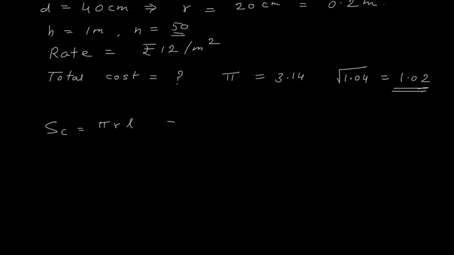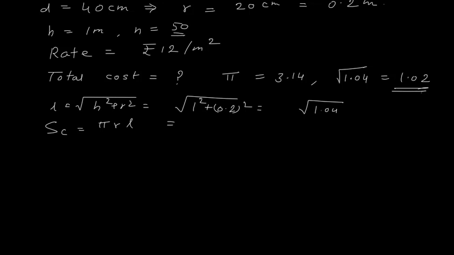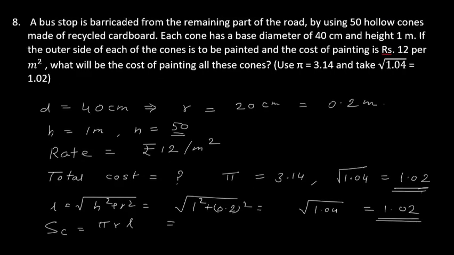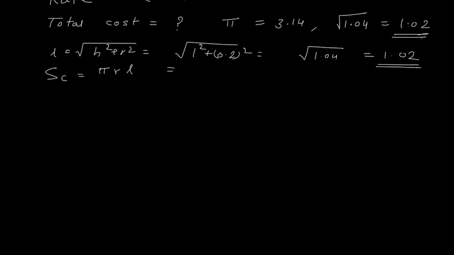So the curved surface area is pi RL. The value of L is not there, so first calculate L, which is root of h square plus r square. That is root of 1 square plus 0.2 square. So this is root of 1.04, which is 1.02. Yes, 1.02 is given.